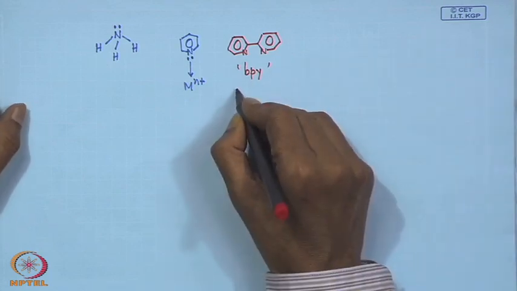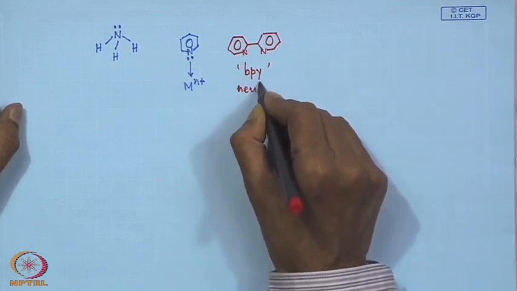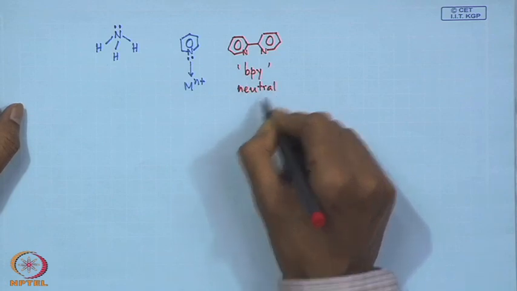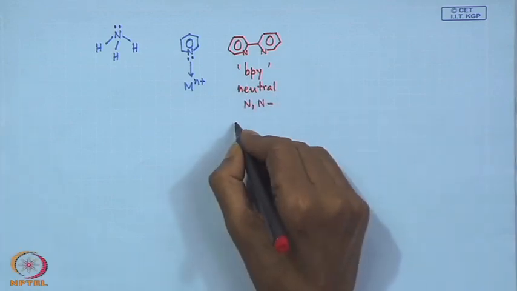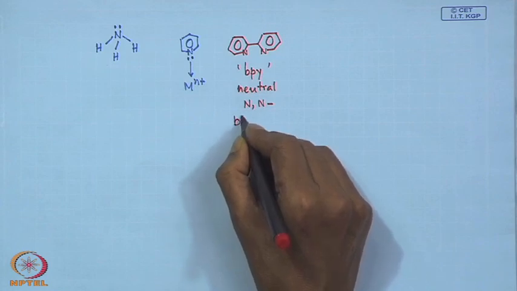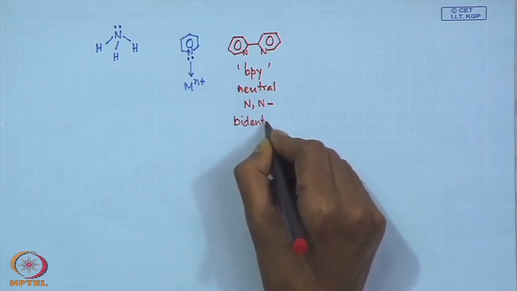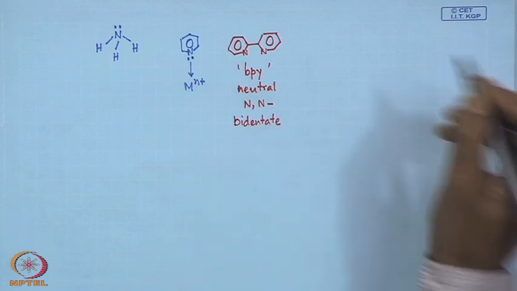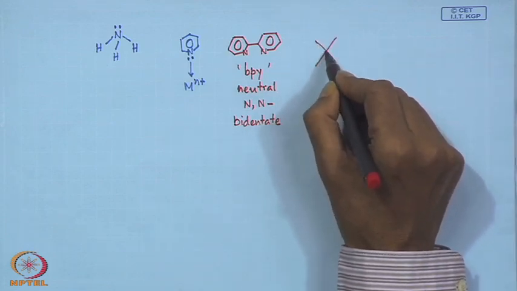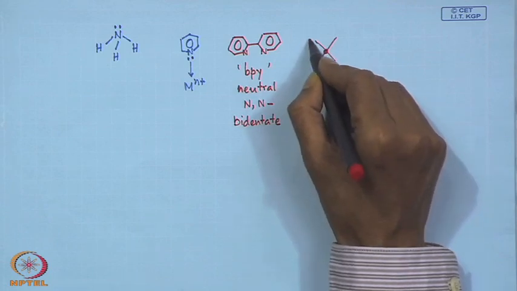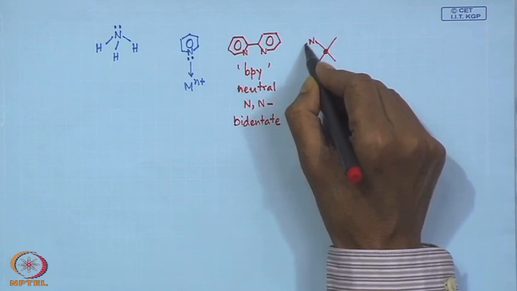So, BPY is also a neutral NN donor bidentate ligand, and when it binds to any metal center, we can have it like ethylene diamine.